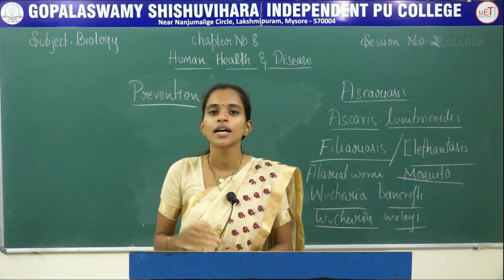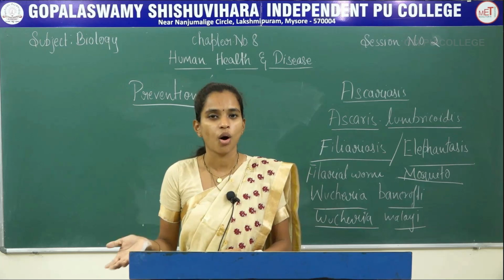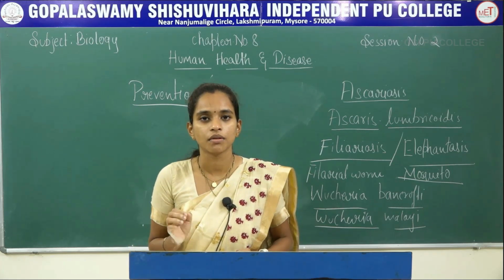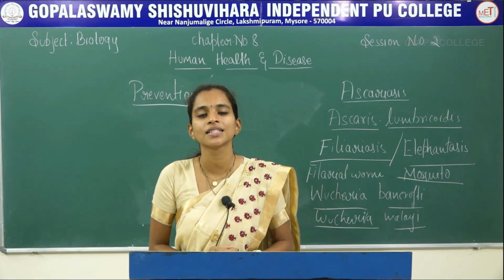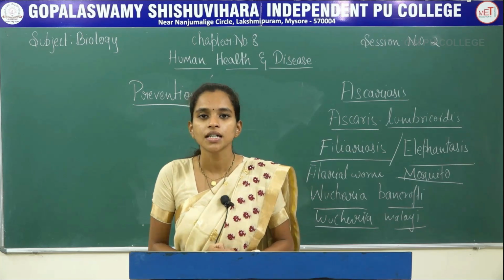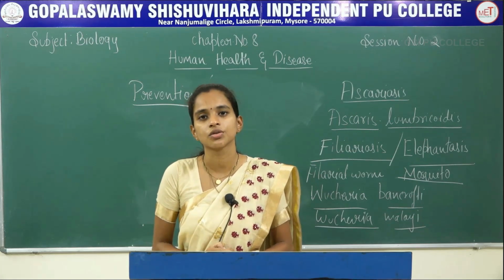Even with the housefly, if there are any excreta, dog or cat or human excreta, which is very common, it makes the vector housefly transfer the pathogens into the human body.